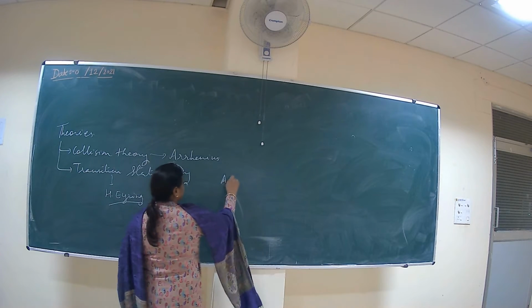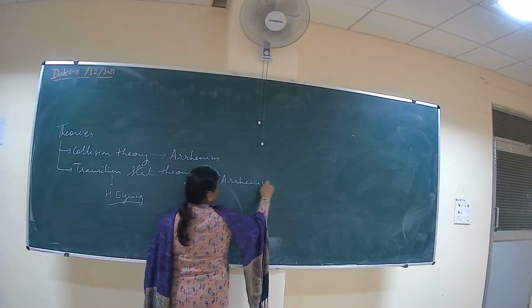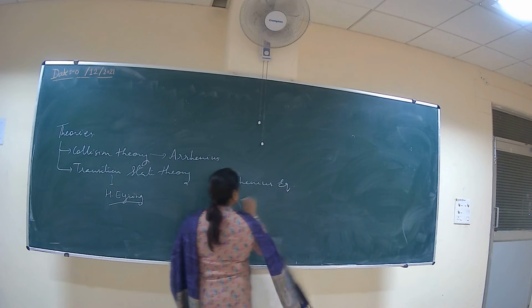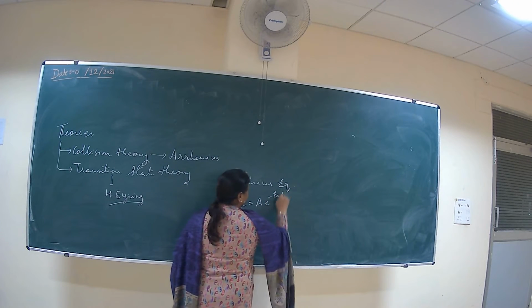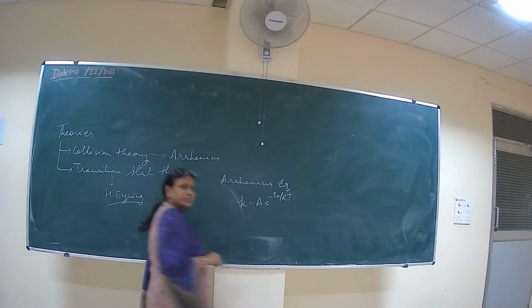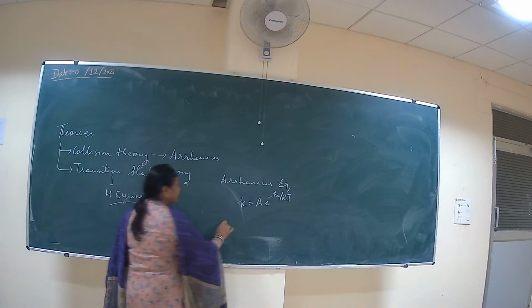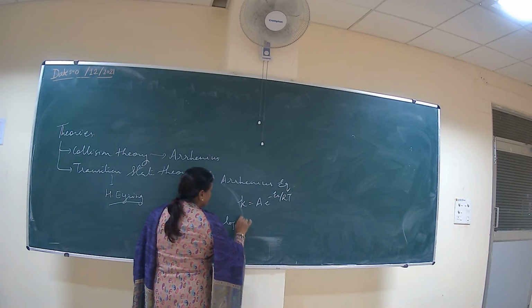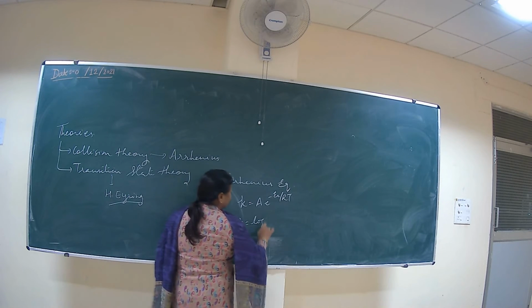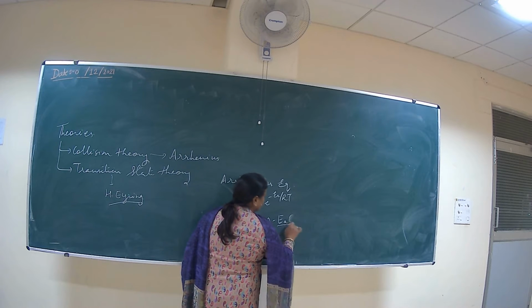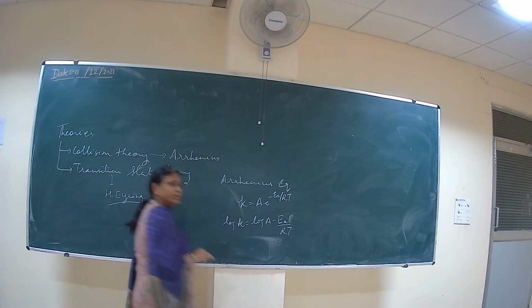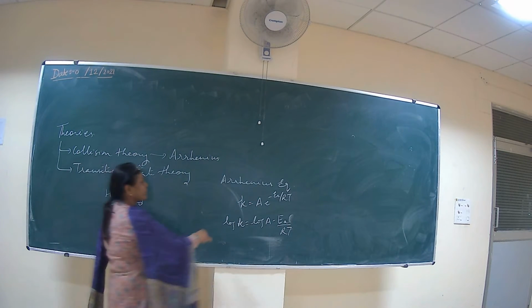So the Arrhenius equation is K equal to A exponent of minus E upon RT. Okay? And if you write this in log terms, then we can write log K equal to log of A minus EA upon RT. This is the Arrhenius equation, a very famous equation.